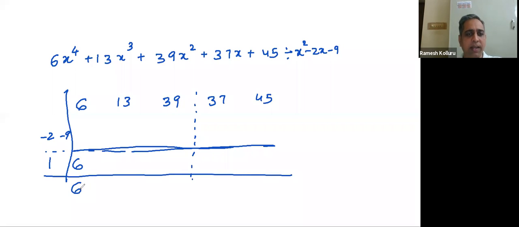So 6 is my final number. 6 2s are 12, 6 9s are 54, right? And then 13 plus 12 is 25. So you have to multiply with 25 directly. So 25 will come, 25 2s are 50, 25 9s are 225.